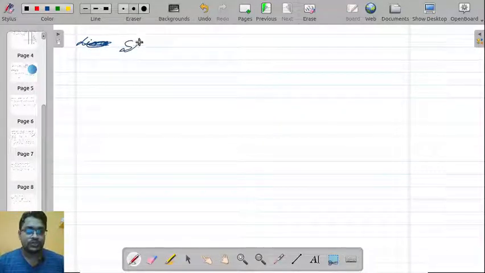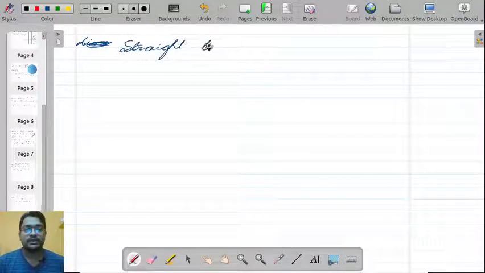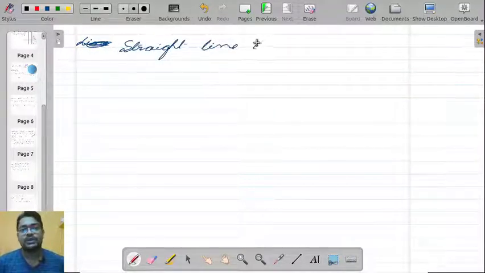What do we mean by a straight line in Euclidean space? A straight line in n-dimensional Euclidean space.